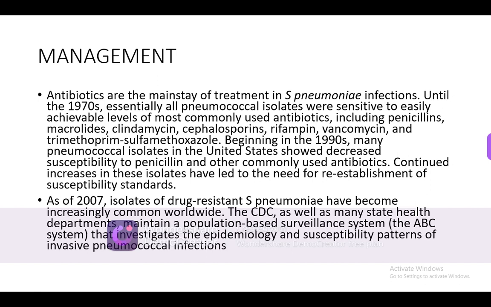Remember, do not use the other drugs. If the patient comes with Streptococcus pneumoniae, you do not hit directly with erythromycin. No. You have to first use this drug, see the response clinically, or you go for the culture and see the culture and sensitivity.